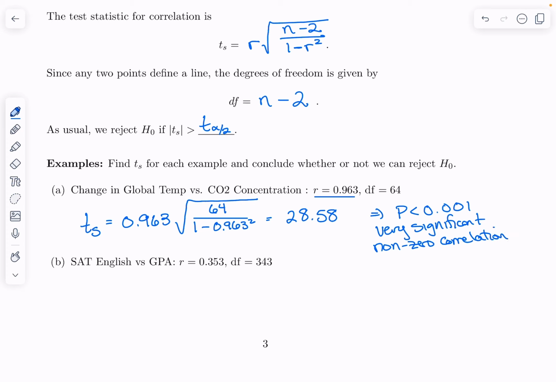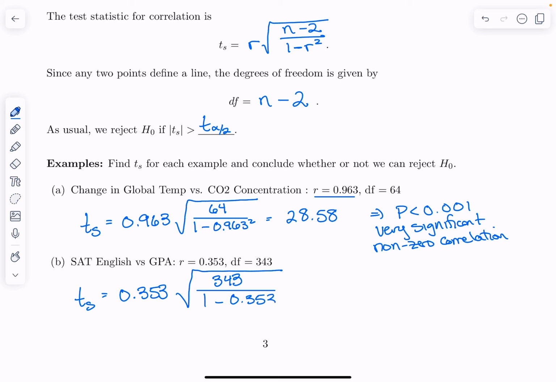Now let's look at the SAT English versus GPA data, where the correlation coefficient was much smaller. So our t statistic in this case is going to be r, which is 0.353, times the square root of, in this case, our degrees of freedom, which is 343, and we're going to divide that by 1 minus 0.353 squared.